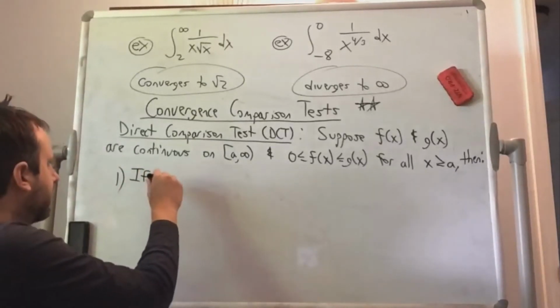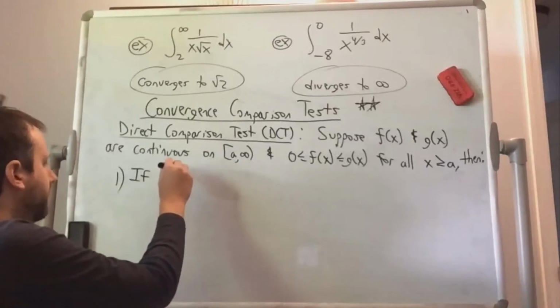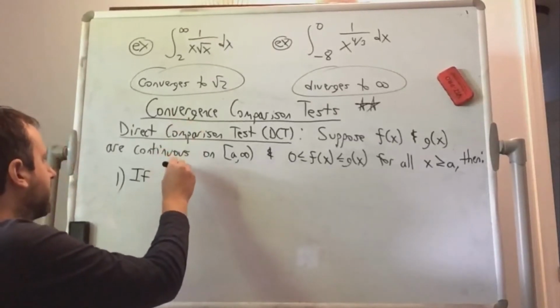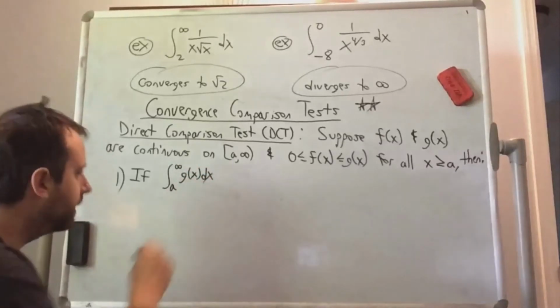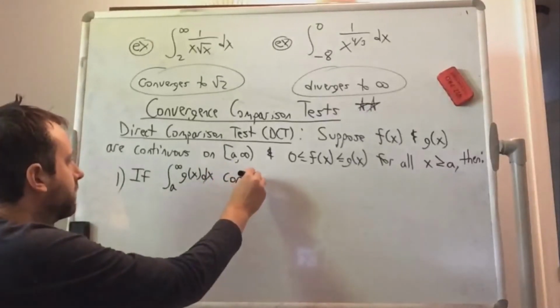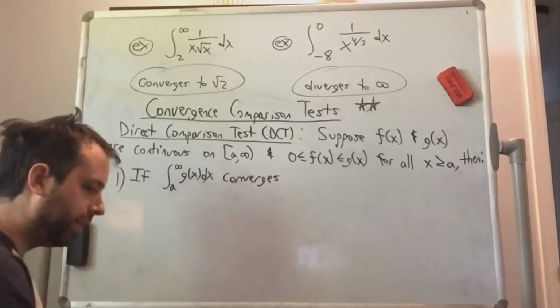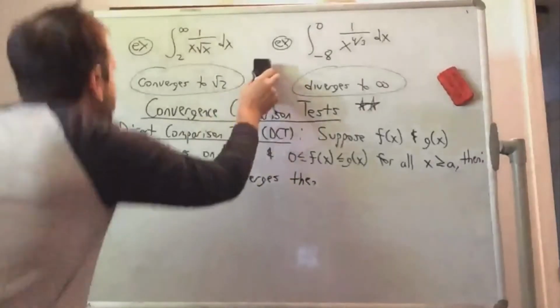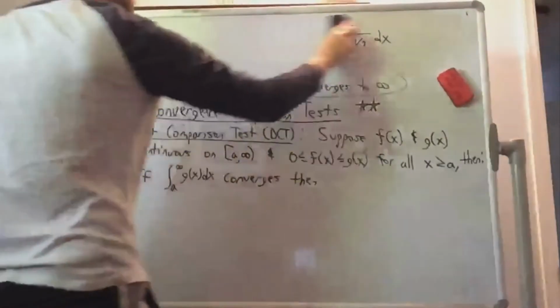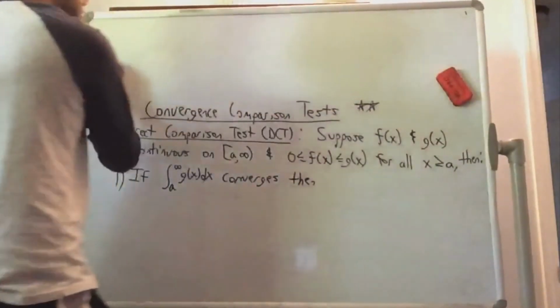Suppose that we've got the integral from a to infinity of g of x dx, the bigger one, and we know that it converges. Does that mean anything? I want to draw a picture of what these functions might look like.